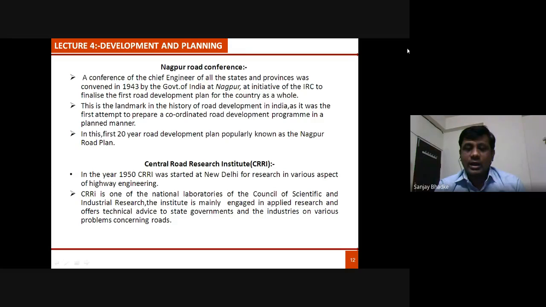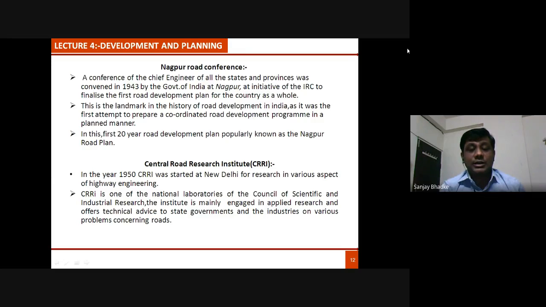There is another body which is correlated with the IRC, called the CRRI, that is Central Road Research Institute. In the year 1950, CRRI was started in New Delhi for research in the various aspects of highway engineering. CRRI is one of the national laboratories of the Council of Scientific and Industrial Research.